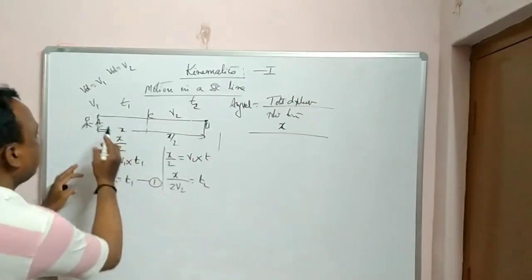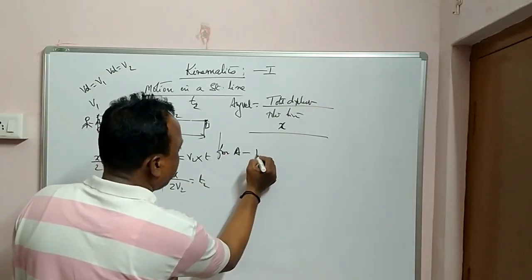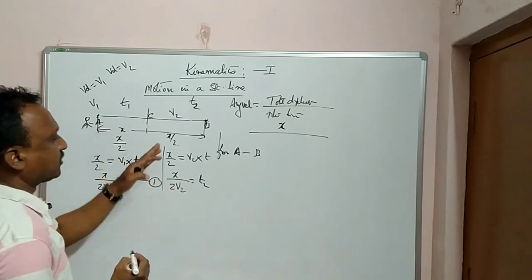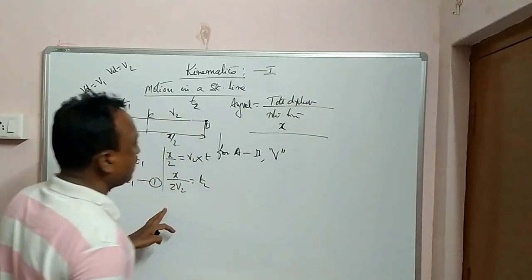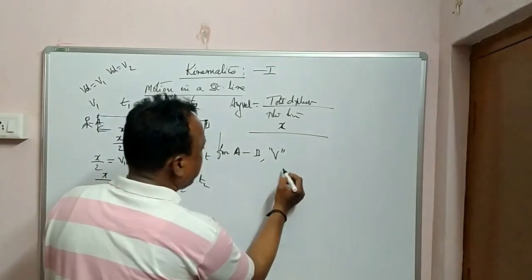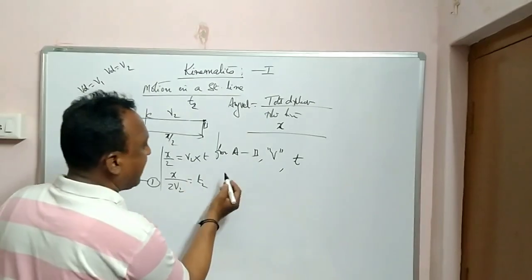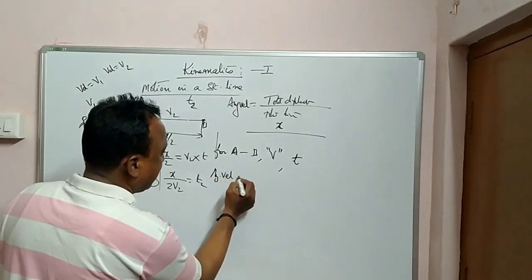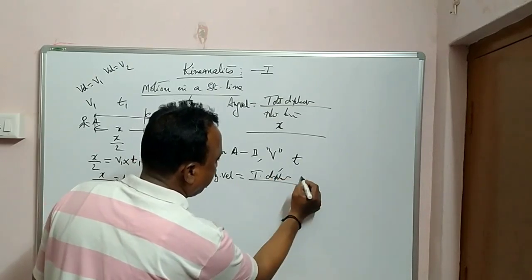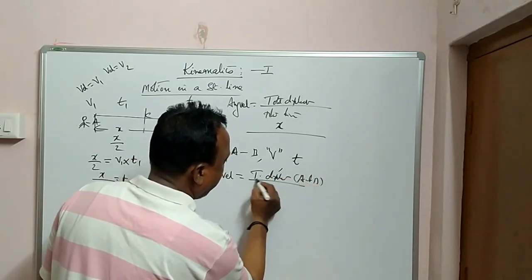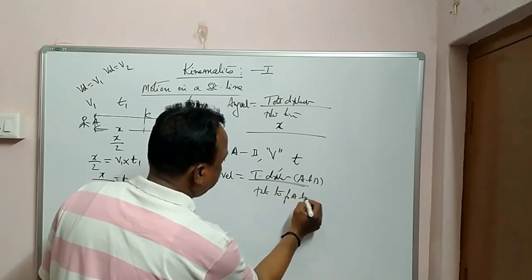For example, from A to B, if the total velocity is V and total time is T, assume, then what will be the average velocity? Average velocity means total displacement from A to B by total time from A to B.